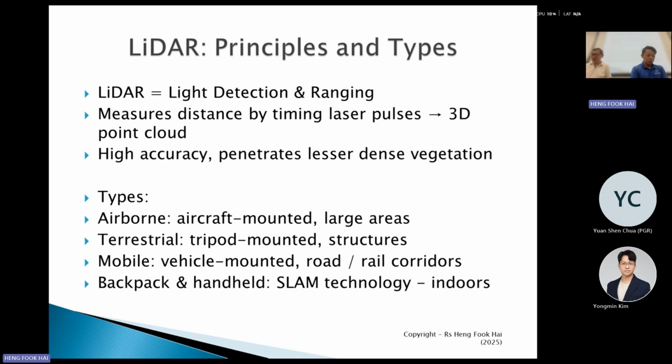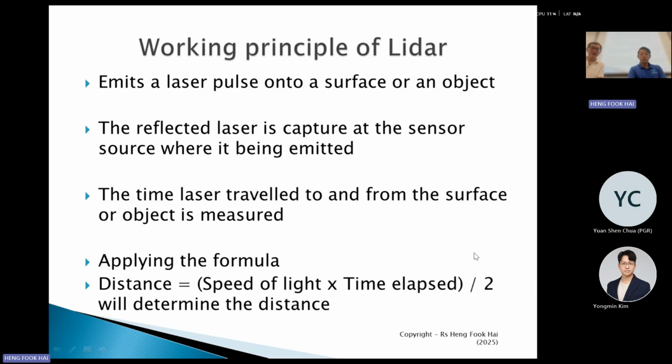Then it uses the distance formula: the speed of light multiplied by the time elapsed, divided by 2. Why divide by 2?